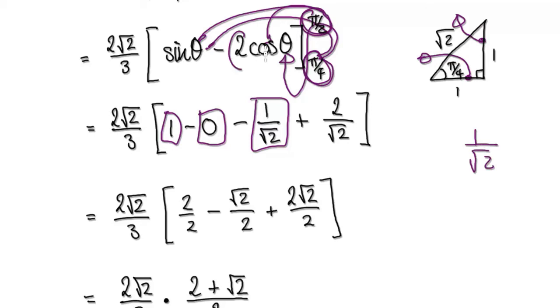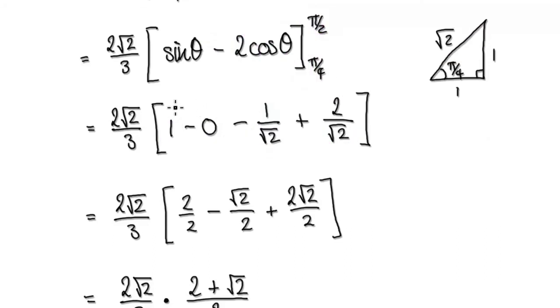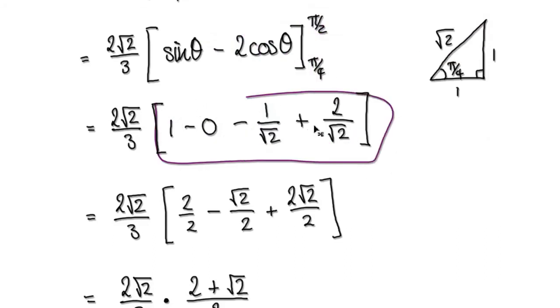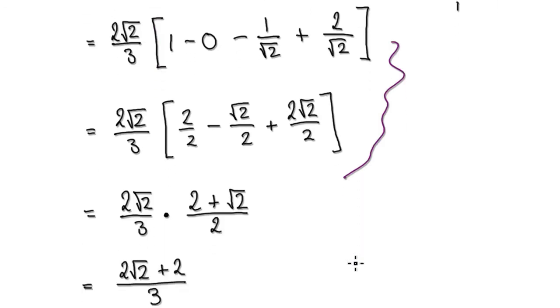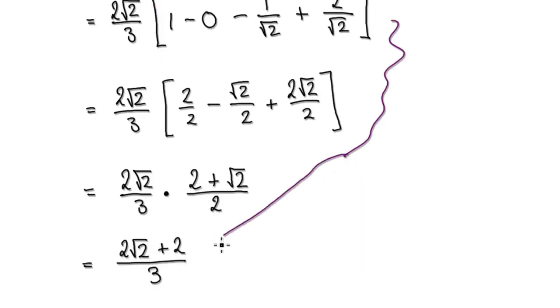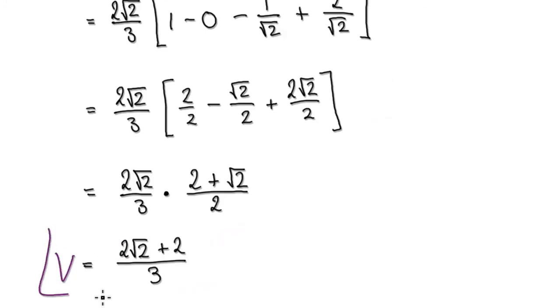But then you've got this 2 here, so that becomes this thing here. That will then give you this whole thing here, and then it's just a matter of tidying this whole thing up to give you this. So the final answer is this thing here. The volume is given by this. Okay.